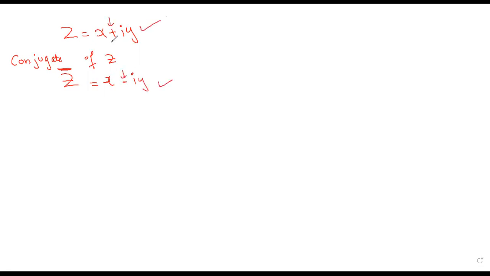So the only difference in z and z conjugate is of the sign. Okay, if we have plus in z, we will have minus in z conjugate, right? And if we had z equals x minus iota y, you will have z conjugate as x plus iota y. So just know that you have to multiply a minus sign over here with the imaginary part, and you will get your z conjugate, right?